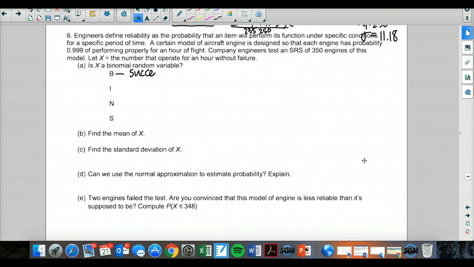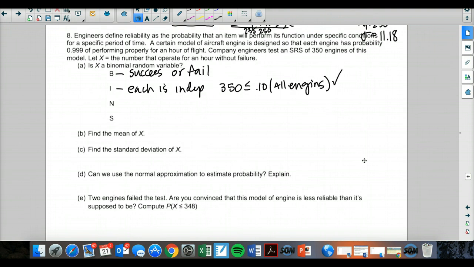Success or failure. So the engine will either succeed or it'll fail. Each is independent, and 350 is less than or equal to 0.10 of all engines. So it's safe to say there's 3,500 engines. I think that's reasonable. N, my number of trials, is set, it's 350, and my probability of success is 0.999. So find the mean.